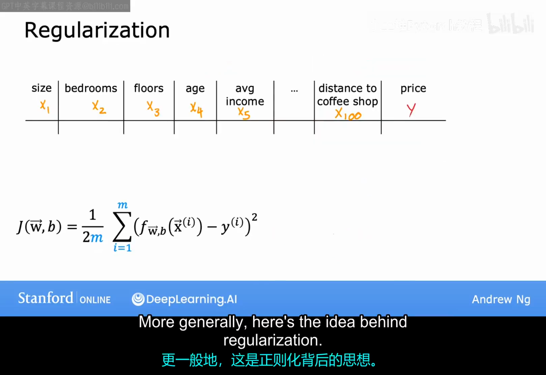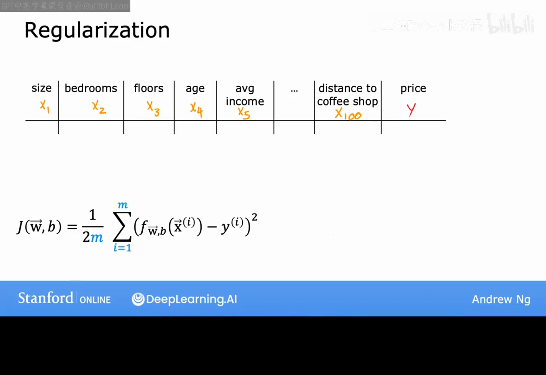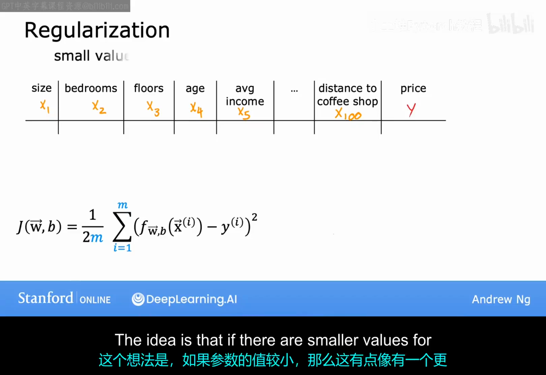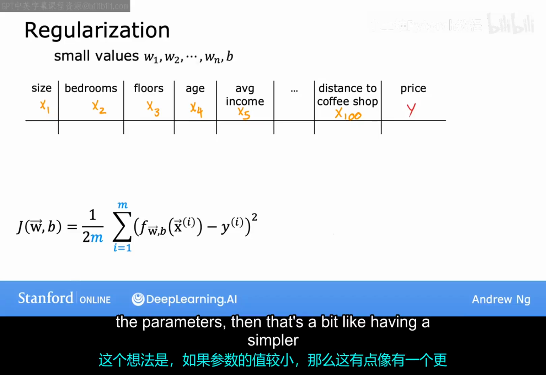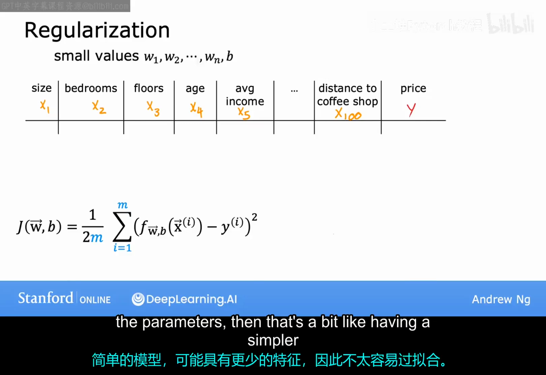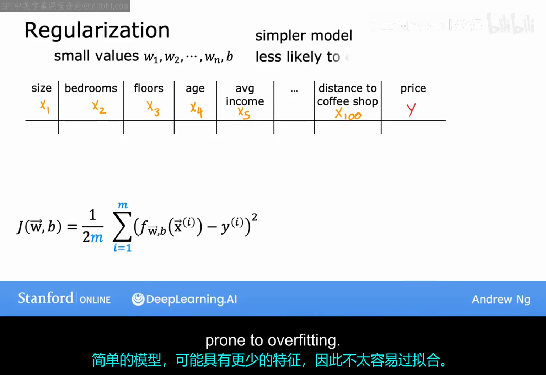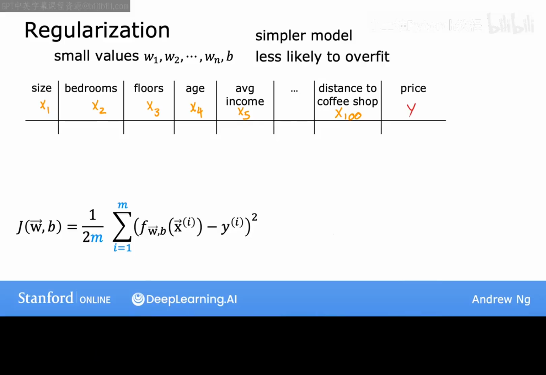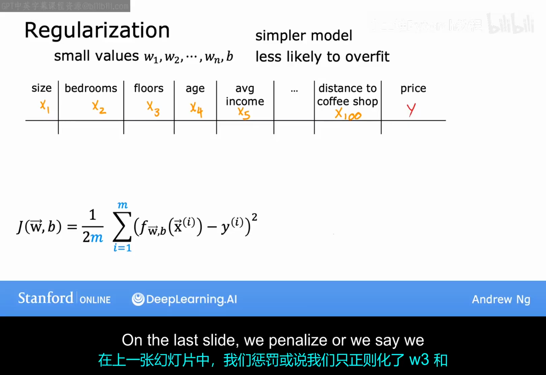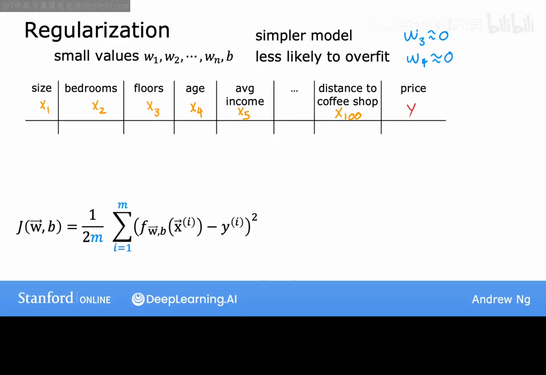More generally, here's the idea behind regularization. The idea is that if there are smaller values for the parameters, then that's a bit like having a simpler model, maybe one with fewer features, which is therefore less prone to overfitting. On the last slide, we penalized, or we say we regularized, only w3 and w4.